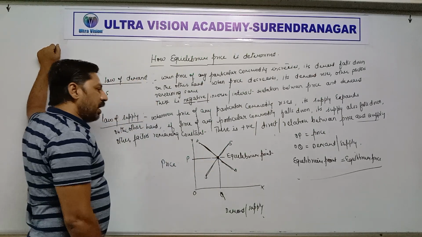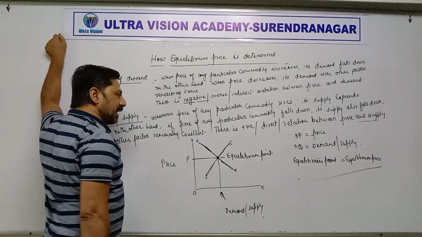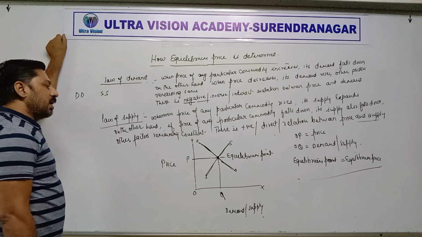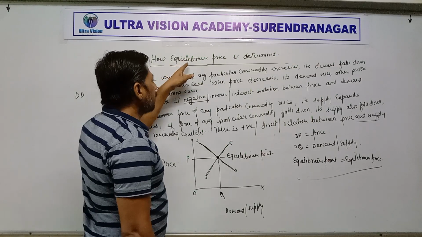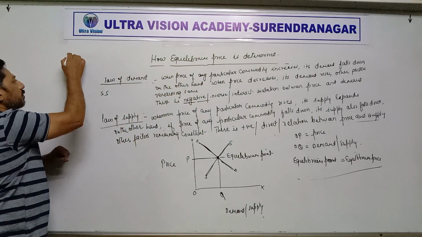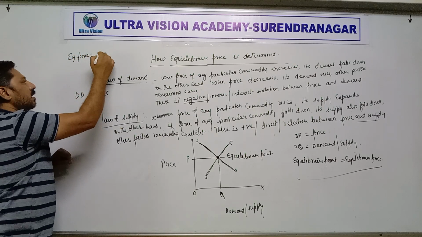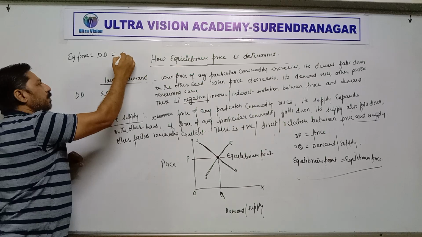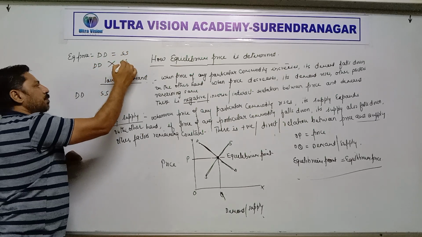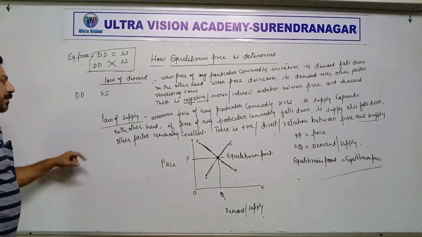That point is called the equilibrium point, and whatever price is in front of the equilibrium point is called the equilibrium price. In this way equilibrium price is determined. In short, equilibrium price means where the demand curve is equal to the supply curve, or where the demand curve intersects the supply curve.